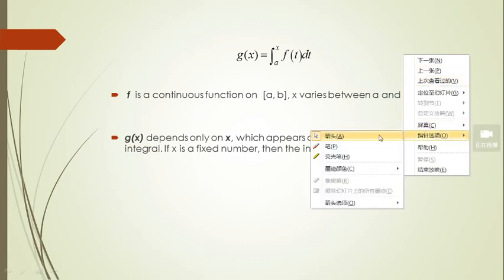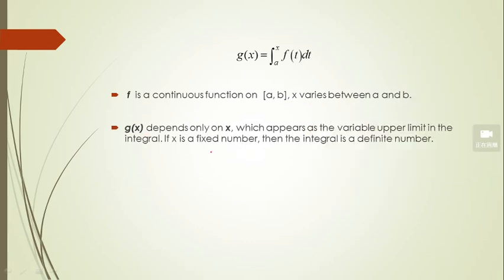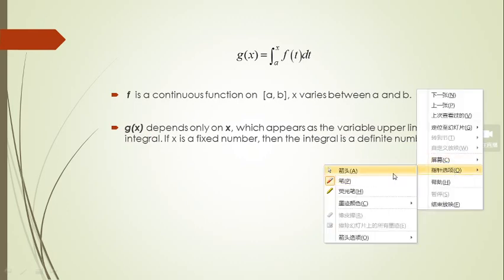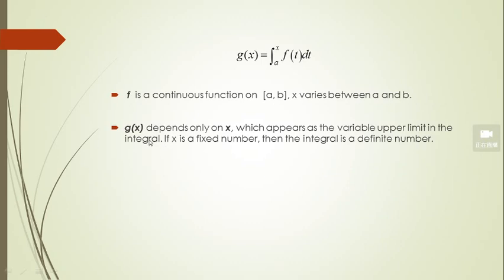So here, g(x) depends only on x, which means g is a function of x with the independent variable x. We know from the graph, g(x) means the area from a to x, and the variable x goes to the upper limit in the integral, right?